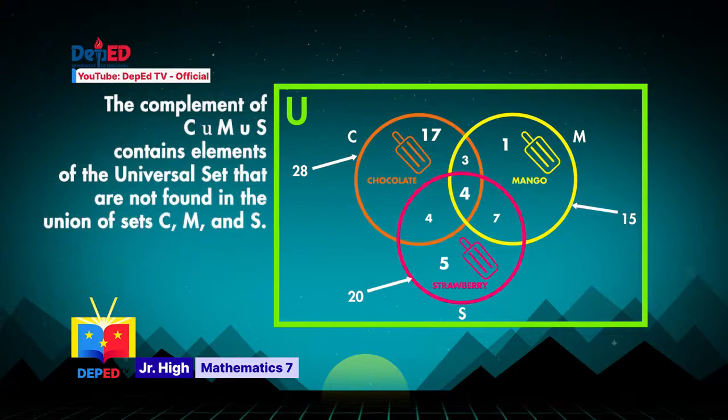How do we find now the cardinality of the set of elements in the diagram who are neither in circle C, nor in circle M, nor in circle S?